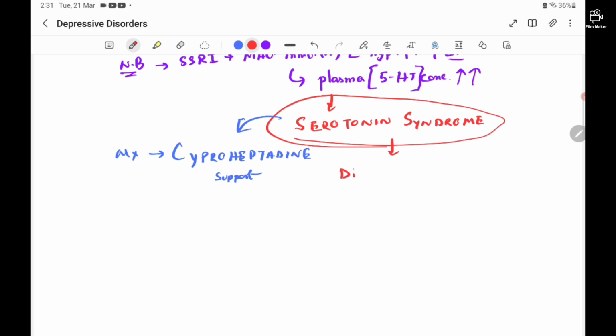These are diarrhea, restlessness, hyperreflexia, and myoclonic seizures.